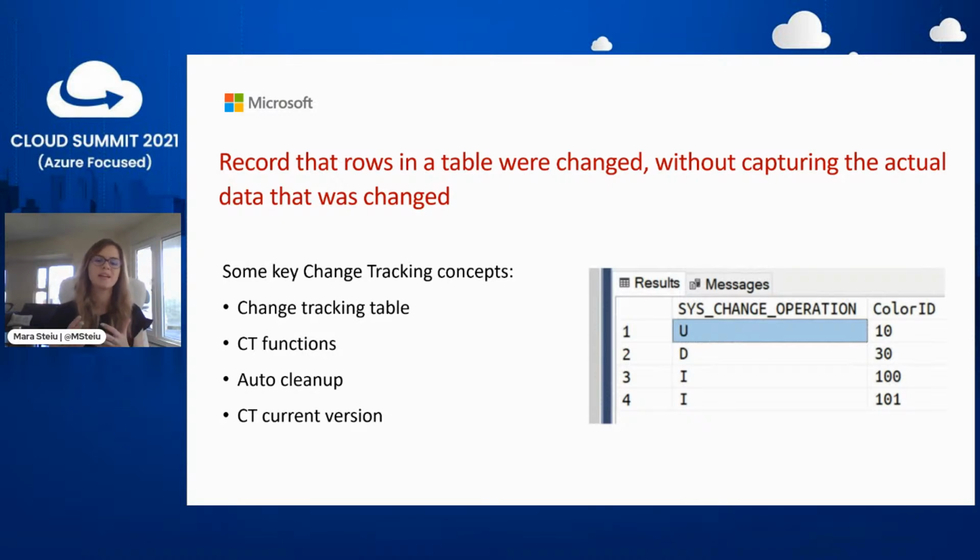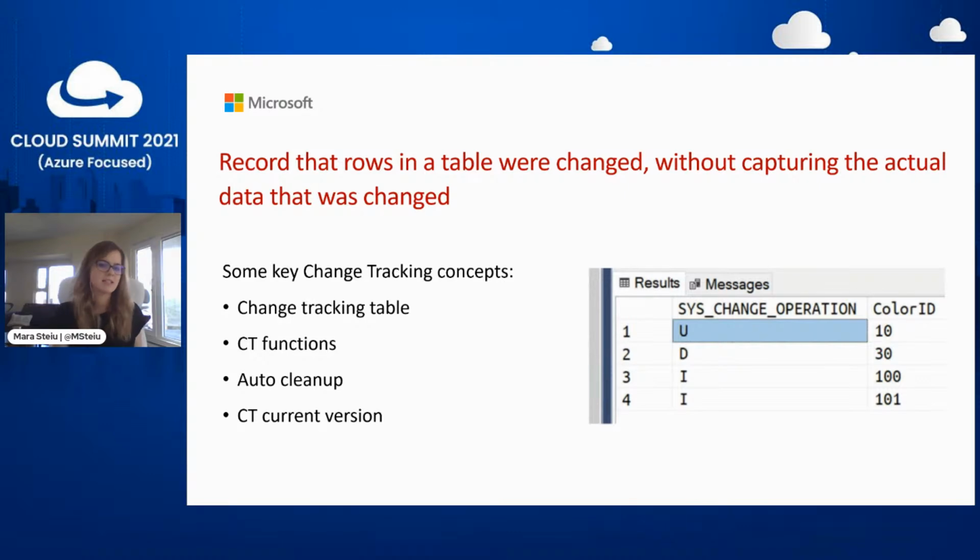So if you remember, for CDC you actually also capture historical data changes, but for change tracking, as you can see here, you can see what type of DML change occurred on each of these rows. This is pretty much how change tracking works. It records that rows in a table were changed, but without capturing the actual change data.